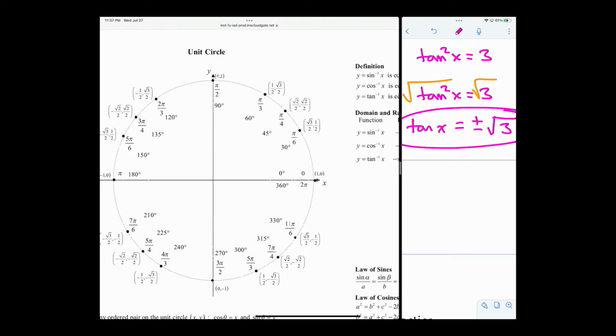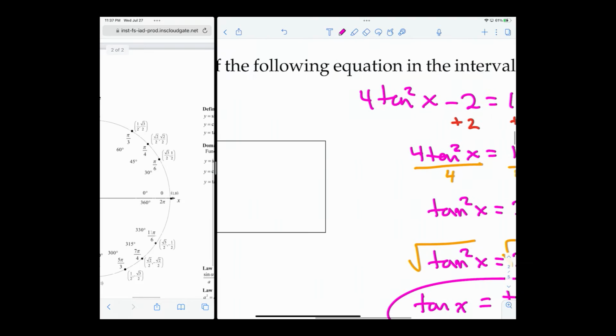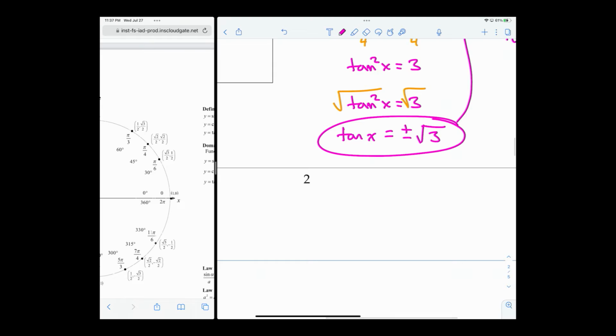You should know that the x value on the unit circle gives you the cosine, and the y value gives you the sine. So just to help you think about it, the tangent is sine theta over the cosine theta, right? And we know that that is supposed to be plus or minus square root 3.